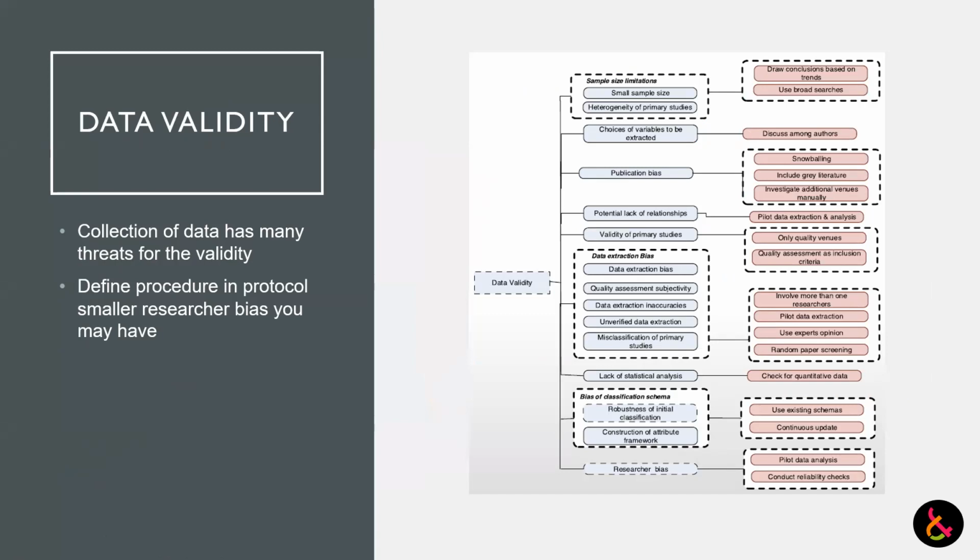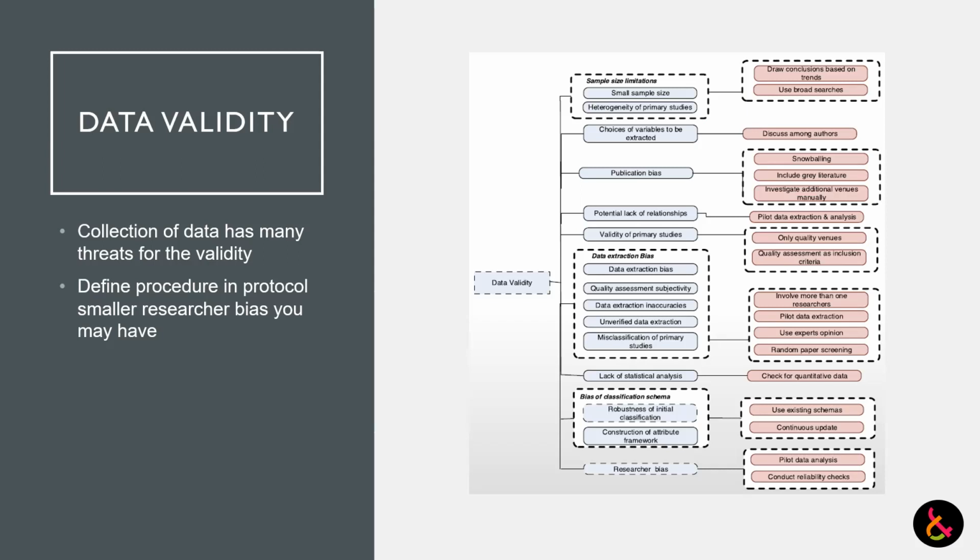And you need to determine and identify the process or the procedure in protocol that you can have for the problem that you can identify. Now on the picture on the right side of the diagram, data validity, how can you do these steps? I can give you one example of one of our research, what we have been doing.